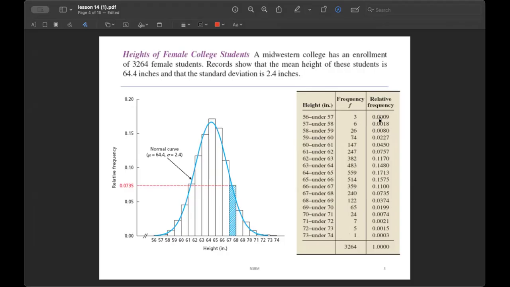We did that in the previous slide, where the relative frequencies were given another name, the probabilities of these heights. Then we can draw each bar of the histogram and complete it with this curve. That's the normal curve.